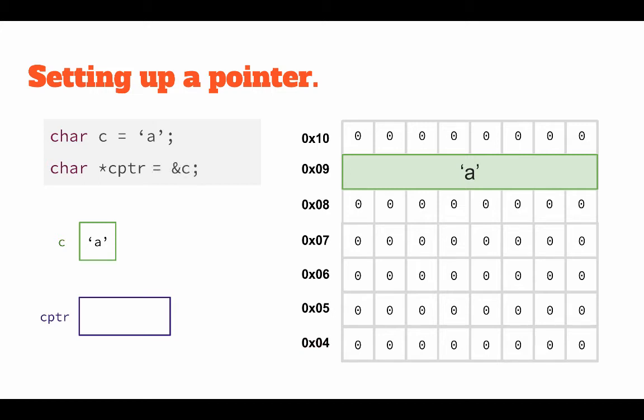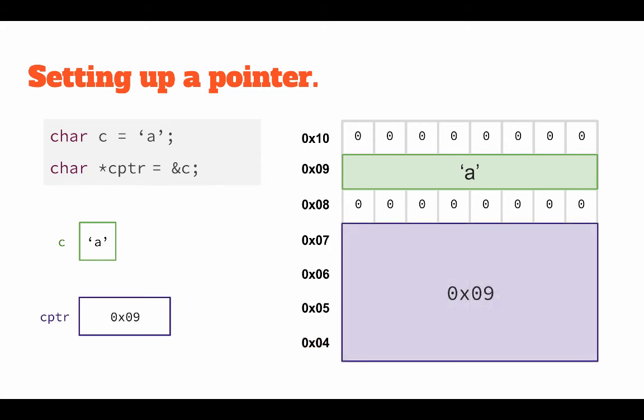And in order to put the address of A into that variable, as we saw before, we need to say that C pointer equals the address of C. So when I say address of C, it goes and finds that variable in memory and says, oh, I see that you're at address 0x09.